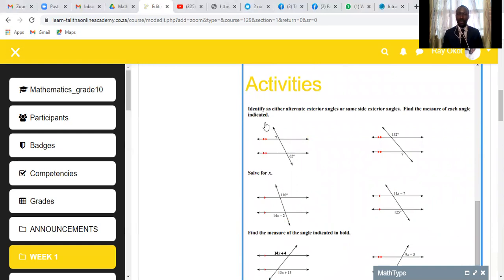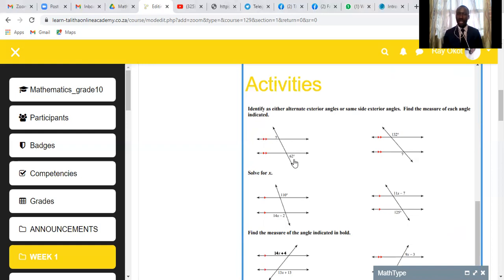We have a list of activities. The first activity is that we identify the angles as either alternate exterior angles or same side exterior angles, and later we find the measure of each angle indicated. Look at this angle and this other one.